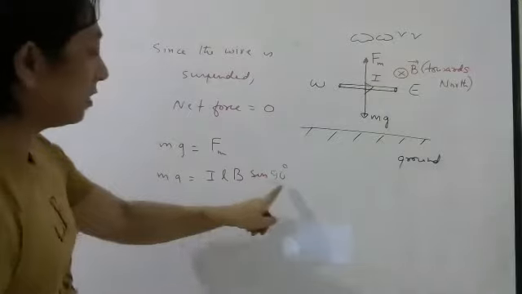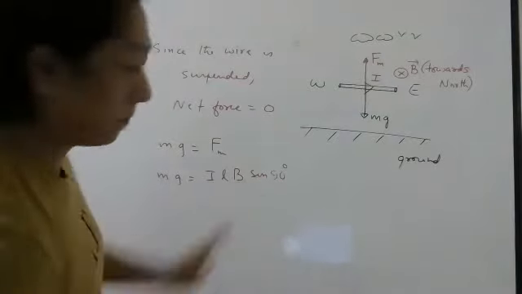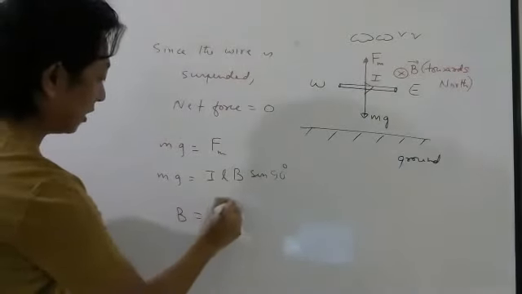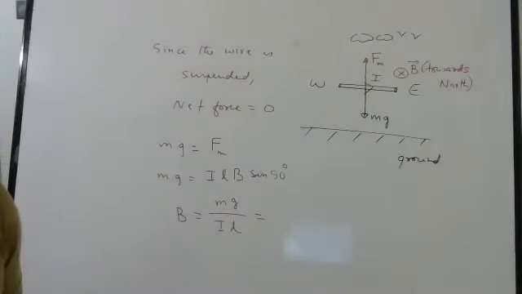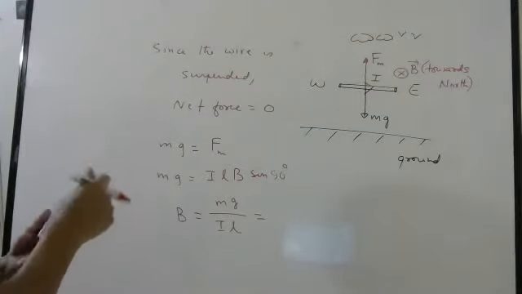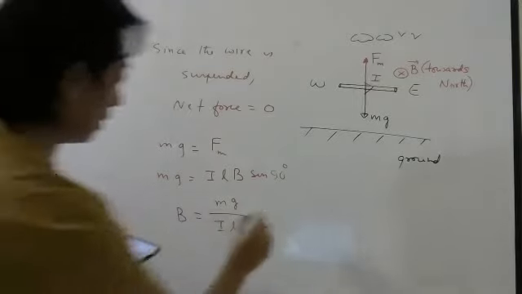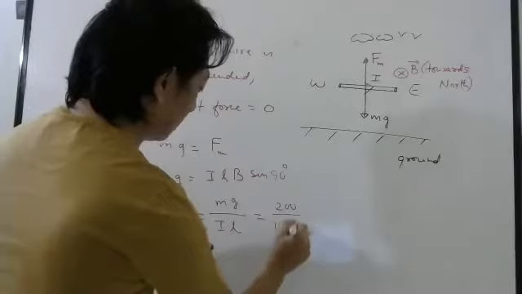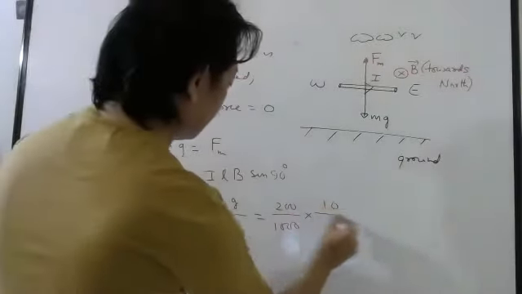When I write theta, it is the angle between the direction of the current and the magnetic field. So sine 90 is 1. So the magnetic field will be mg by IL. Now just substitute the values. Mass is given as 200 gram, which means 200 by 1000 kg. Please convert into kg. The g value is 10.